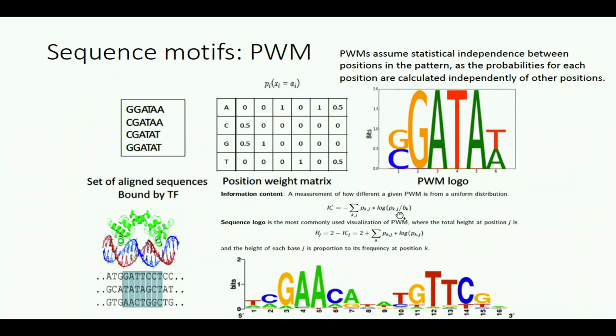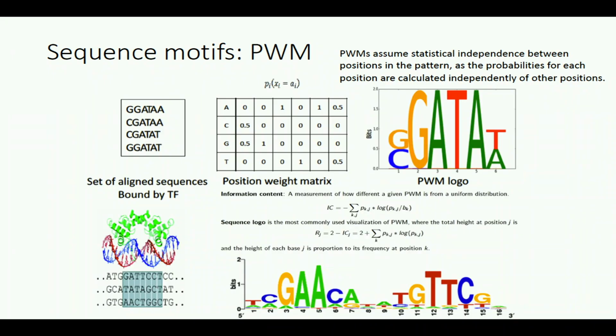Naturally, randomly, there could be some bias towards certain bases in our genome, so we want to distinguish how much different the current distribution is from the background distribution. By taking the expectation of these log odds, we compute the information content of this position. And the logo is basically 2 minus that quantity.